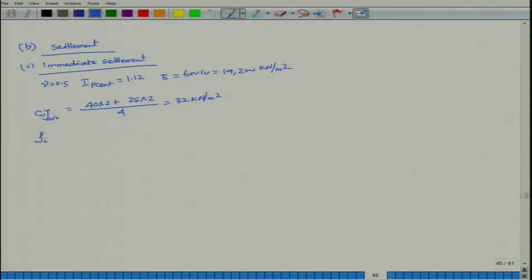Now immediate settlement is equal to q n B by E into 1 minus mu square into Ip, which is equal to 112.5 into 2 by 19200 into 0.75 into Ip 1.12, which is equal to 0.0098 meter.